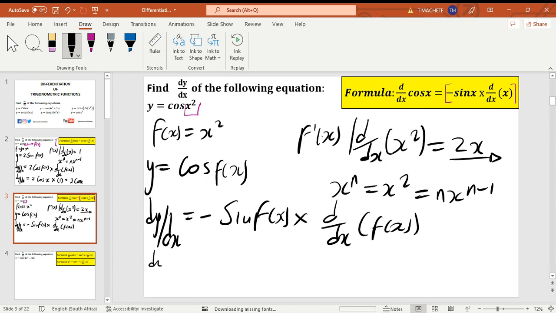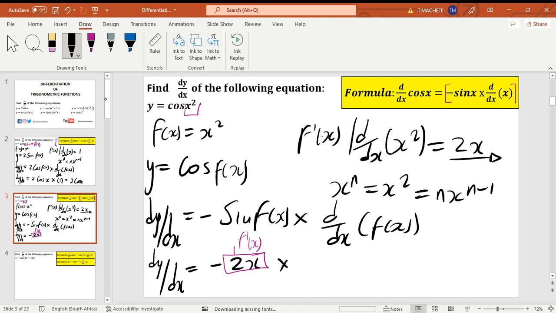Okay, then your answer will be, let's substitute those values. It's minus 2x, it's your f prime, or your d over dx.